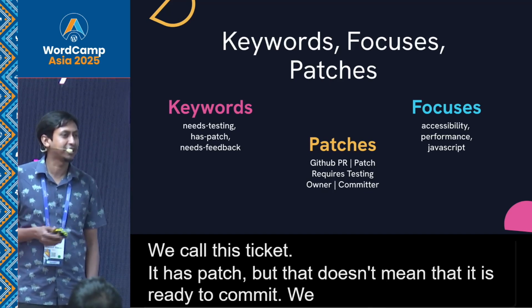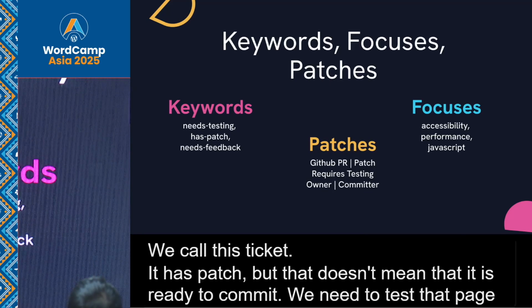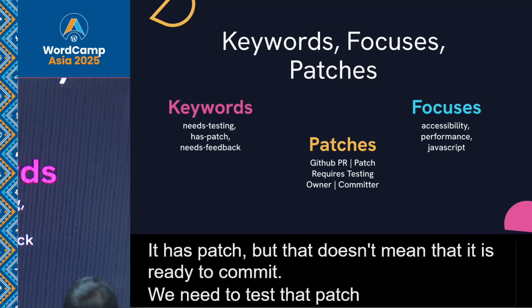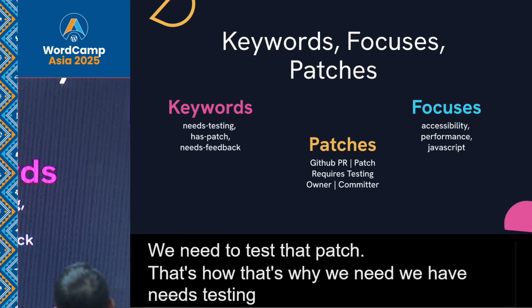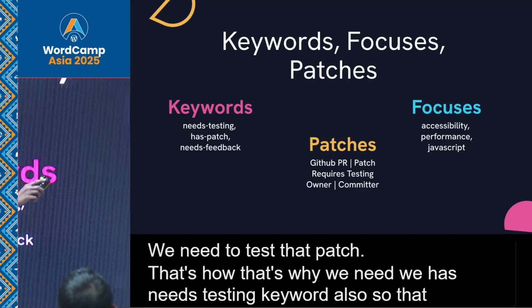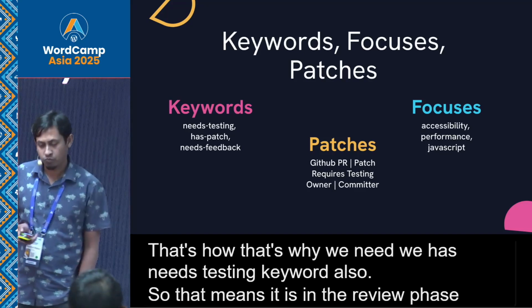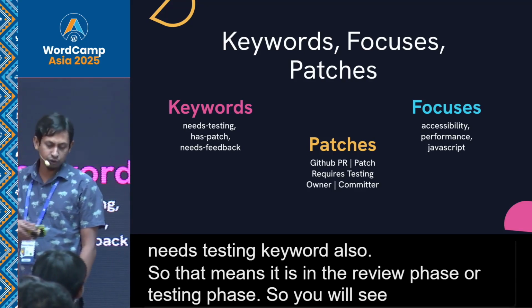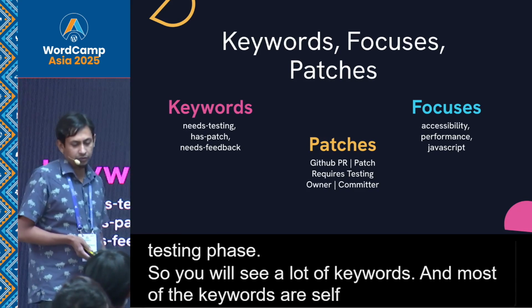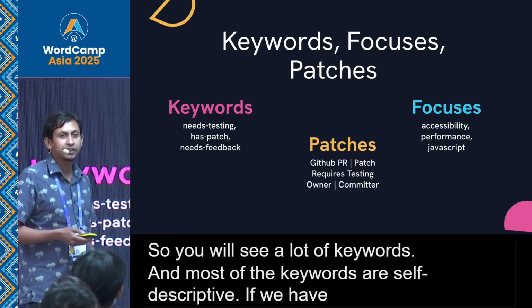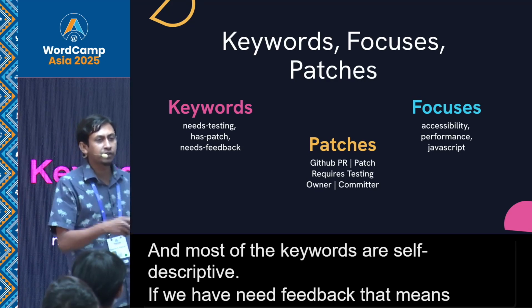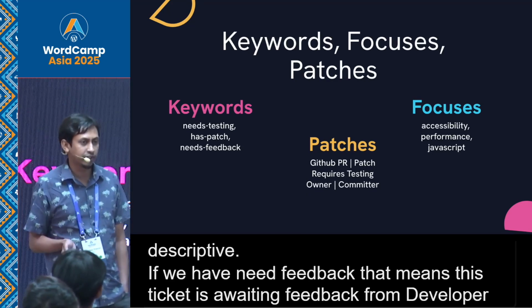We need to test that patch. That's why we have the needs testing keyword also. That means it is in the review or testing phase. You will see a lot of keywords, and most of them are self-descriptive. If we have needs feedback, that means this ticket is awaiting feedback from a developer or the reporter.